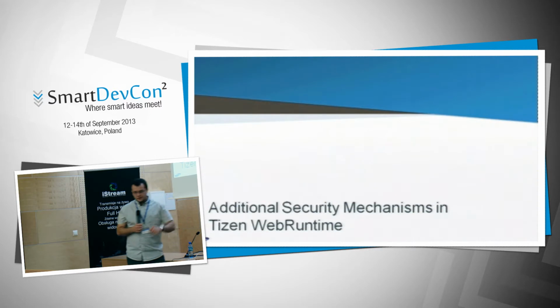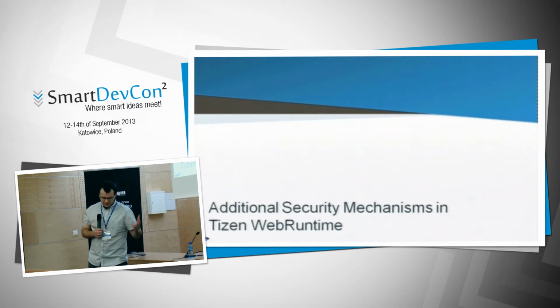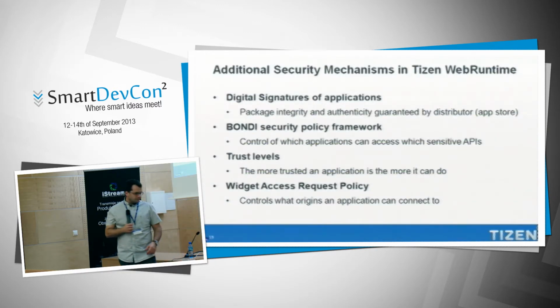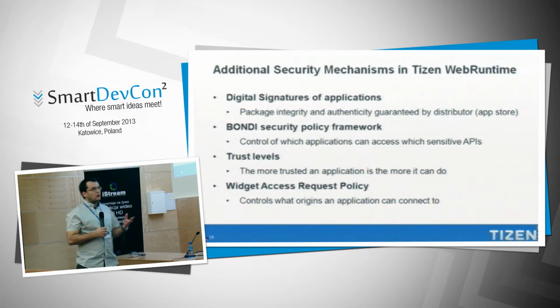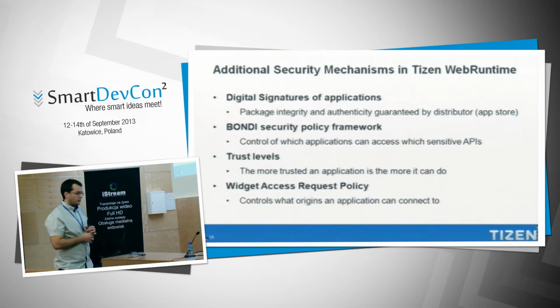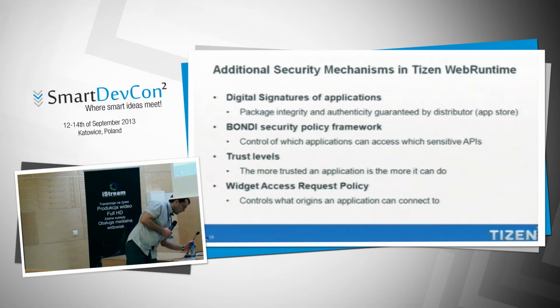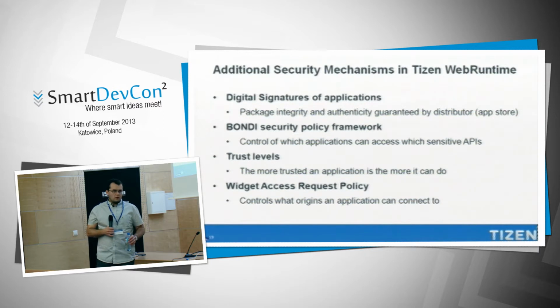Okay, like I said, in Tizen Web Runtime, we add an additional set of security mechanisms. Most of them are based on digital signatures of applications. Digital signatures allow you to authenticate and check the integrity of the application.